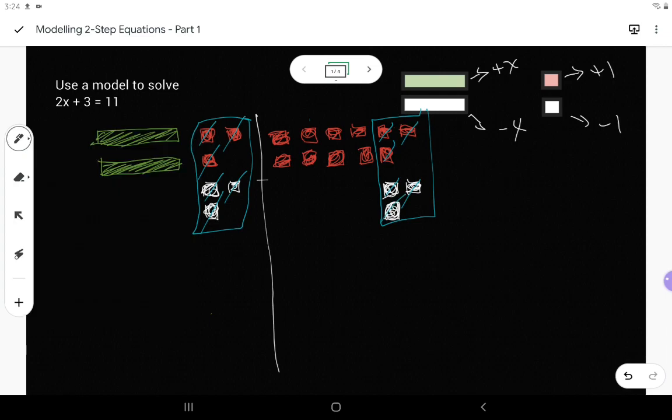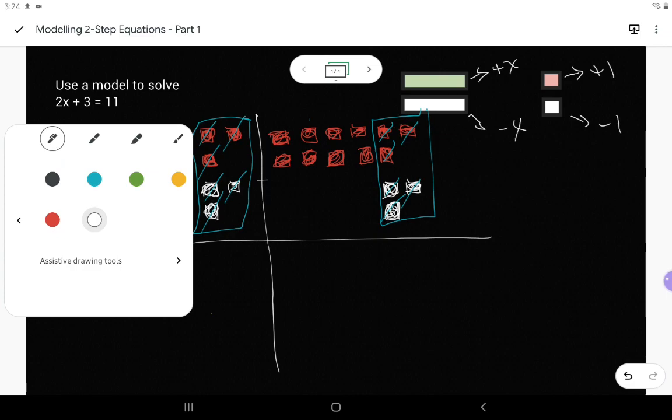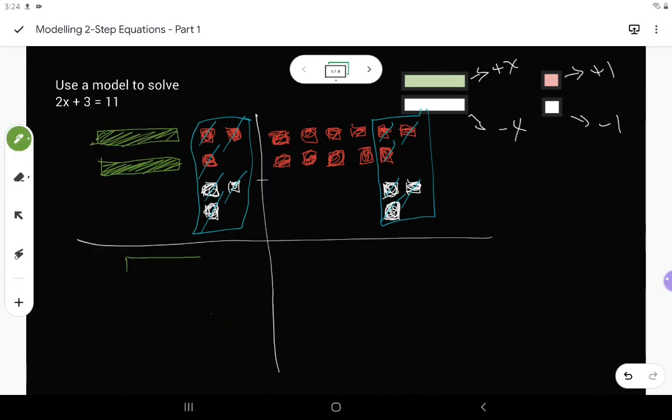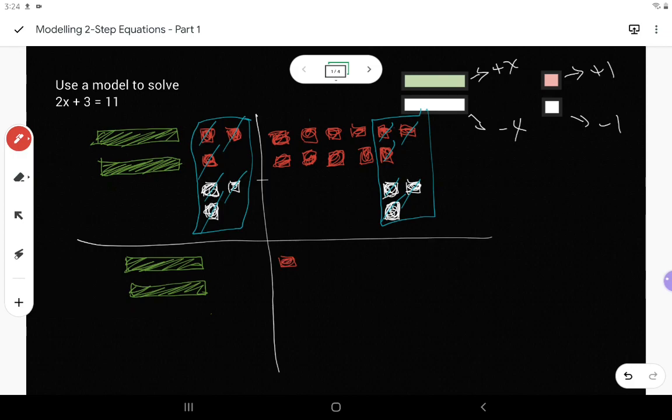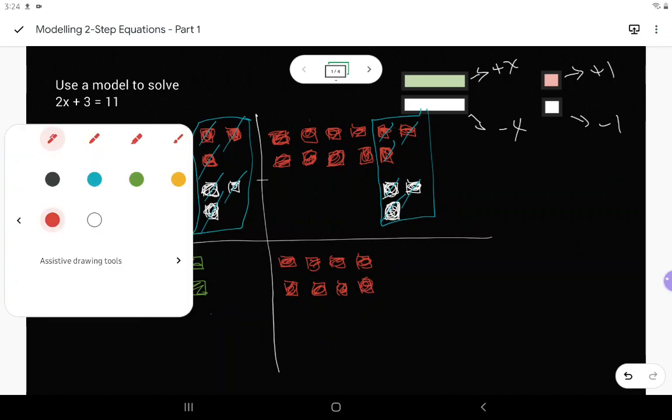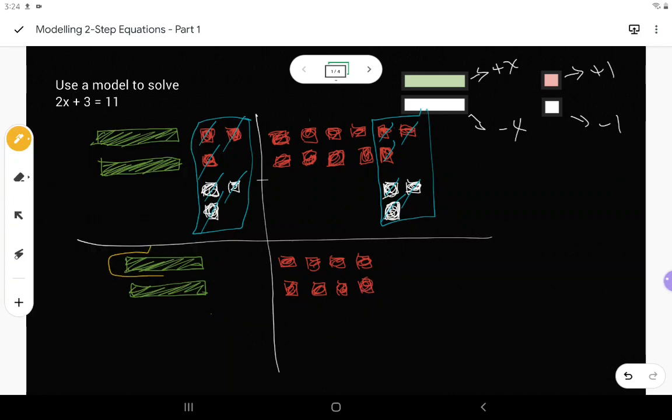What I'm left with after doing that is my 2 green x tiles, so I still have my 2x. And on the other side, I now have only 8 ones instead of 11. Now, when I look at my rows, I actually do have 2 nice equal rows on both sides. So now I can split into 2 equal groupings.